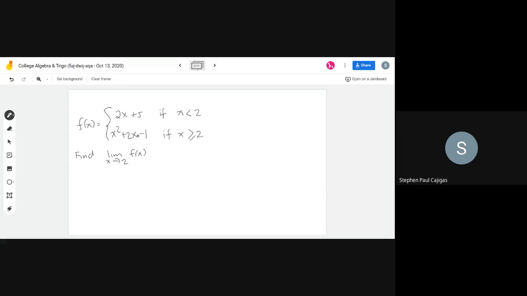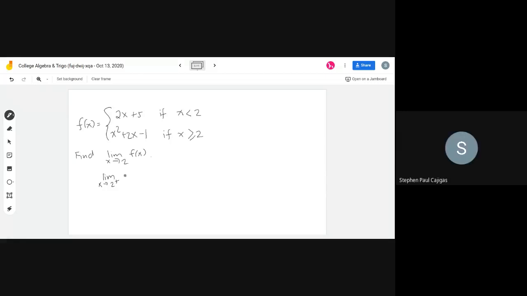Since this is piecewise, to solve it we will have to use the left hand and the right hand limit. First, we use the right hand limit, approaching 2 from the right, so x is greater than 2. Which part applies, the first or the second?